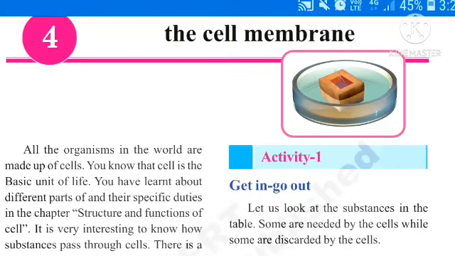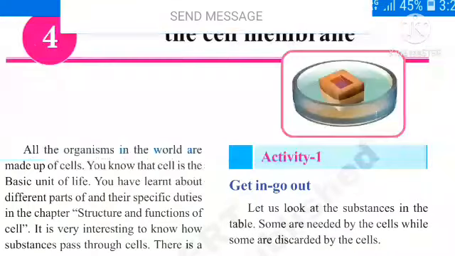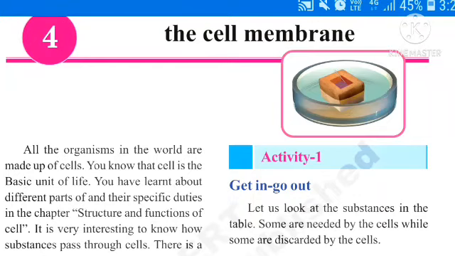These are all the other names of the cell membrane. First one, cell membrane, also called plasma membrane. Cell membrane, also called selectively permeable membrane. Cell membrane, also called living flexible membrane.